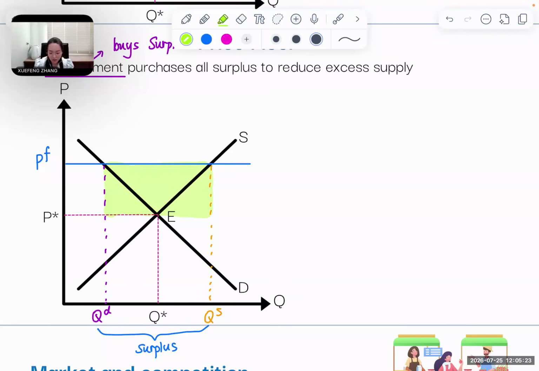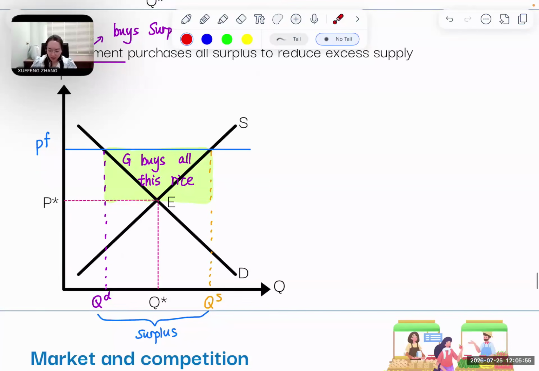Okay, this is the surplus, and right now the government buys all this rice. Okay, the government buys the surplus. By buying up the surplus, the graph looks clean again.